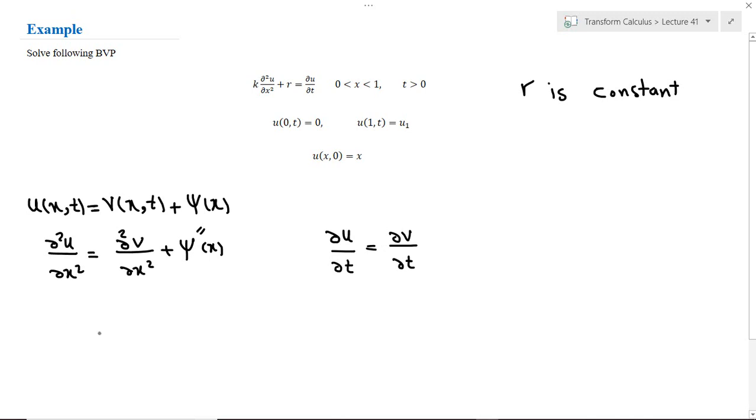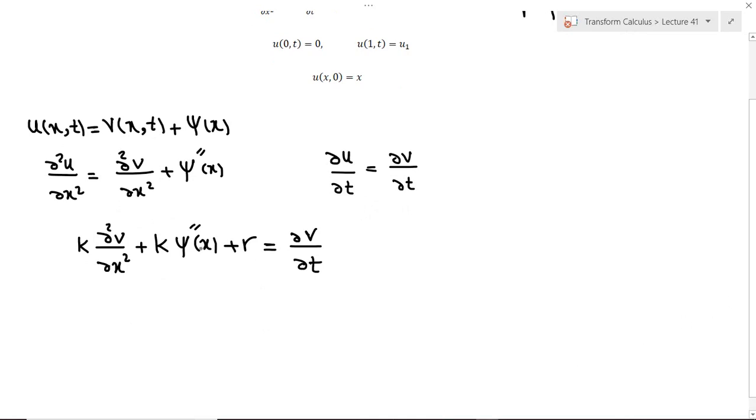I plug it in the partial differential equation. So we have k second derivative of v with respect to x plus k psi double prime x plus r is equal to the derivative of u with respect to t, which is equal to the derivative of v with respect to t.